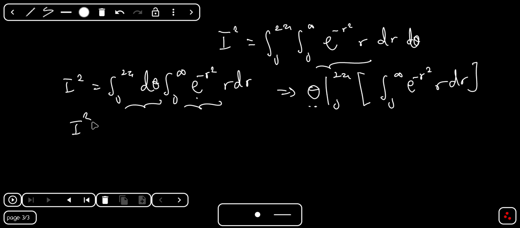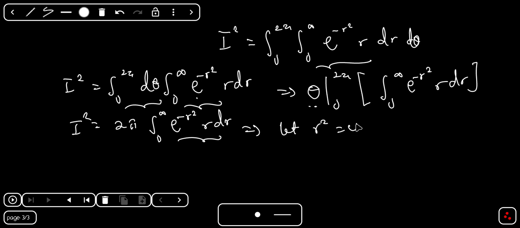So we have I squared equals 2 pi, multiplied by the integral from 0 to infinity of e raised to the power of negative r squared, r dr. We can make use of integration by parts here, or we make use of substitution. I'll be making use of substitution right here. I will let r squared be equal to u. So if r squared is equal to u, 2r dr will be equal to du.